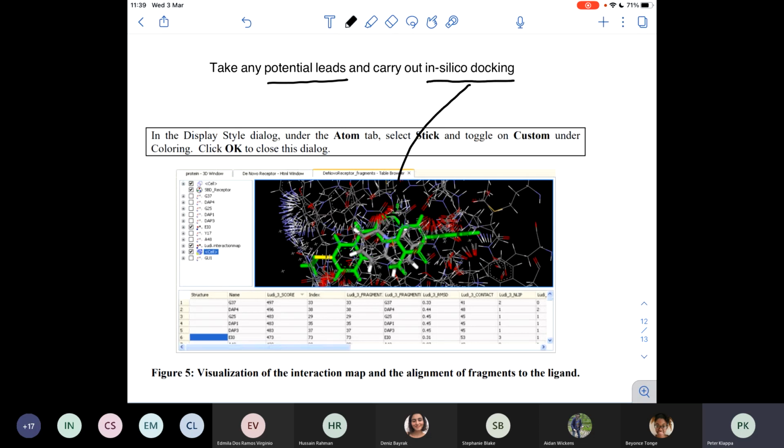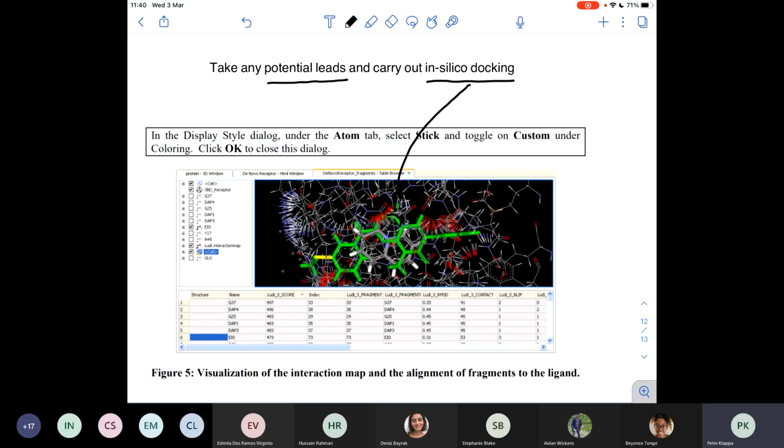So we can look at the interaction map between our potential lead, our ligand, if you like, our inhibitor, and the active site in our target enzyme. And what we can do then is say, right, out of these 20 potential leads, we found 10 of these compounds that are really, really interesting.